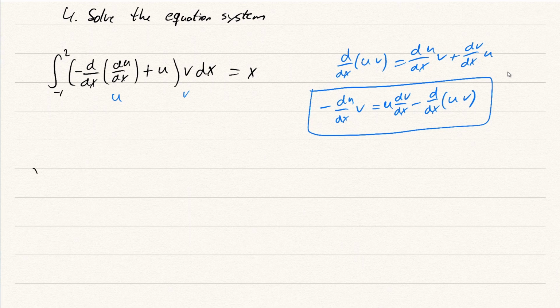We have the integral from -1 to 2 of du/dx times dv/dx dx, minus du/dx times v from -1 to 2.